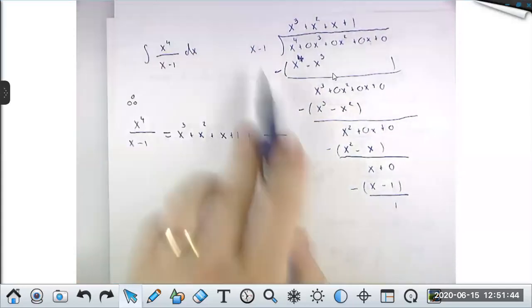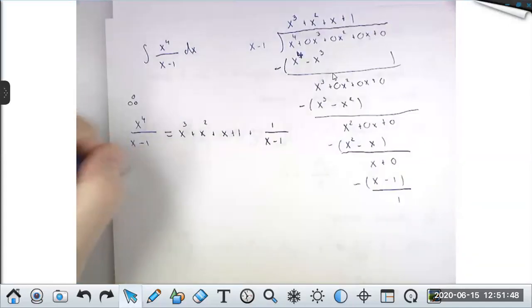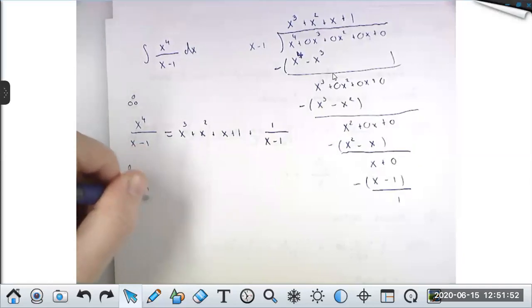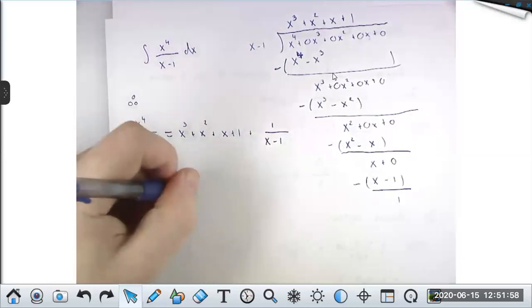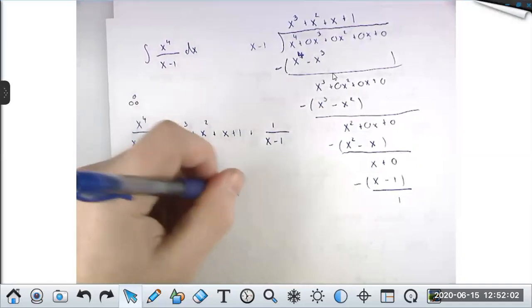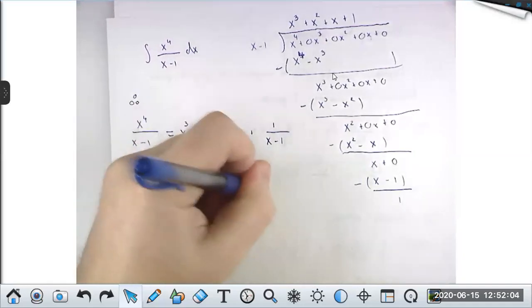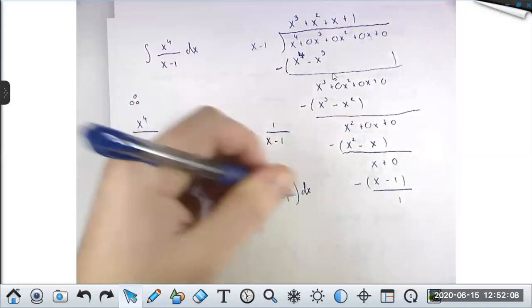This remainder over this denominator. Therefore, the integral of x to the 4 over x minus 1 dx is the same as the integral of x cubed plus x squared plus x plus 1 plus 1 over x minus 1 dx.